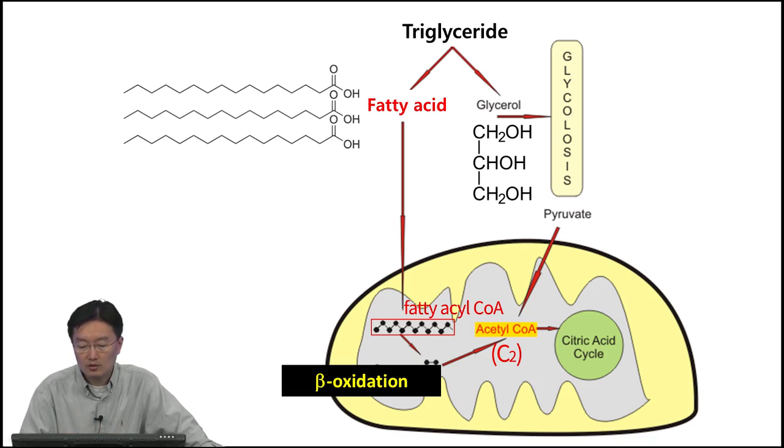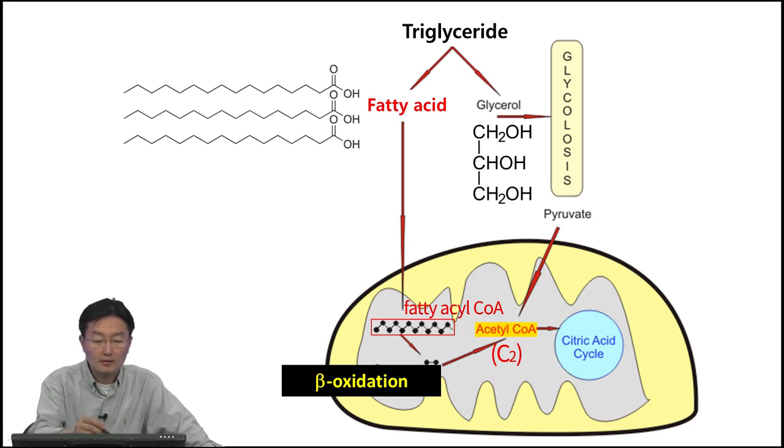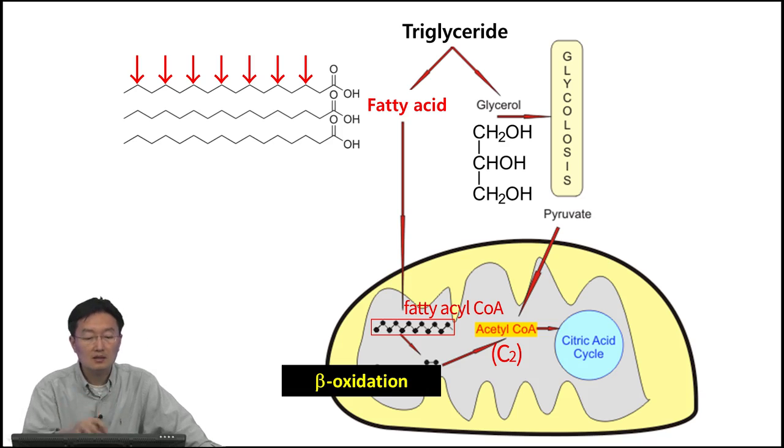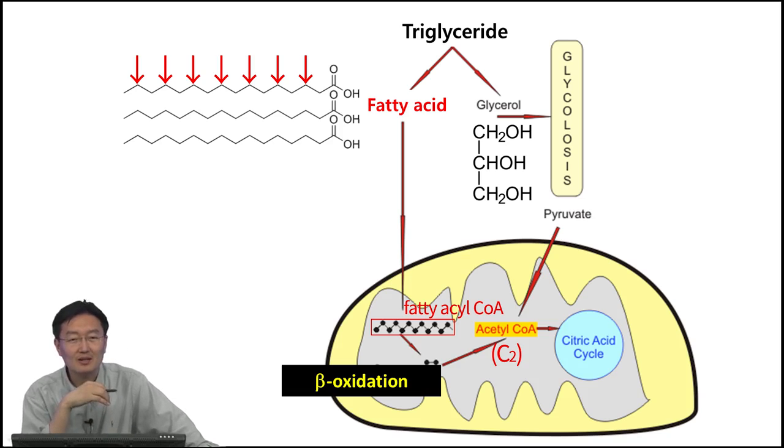And those are utilized for the electron transport system and citric acid cycle. So every 2 carbons, acetyl-CoA can be successively generated until the entire saturated fatty acid is fully oxidized into CO2 and water. This is how the beta oxidation pathway operates inside your cells.